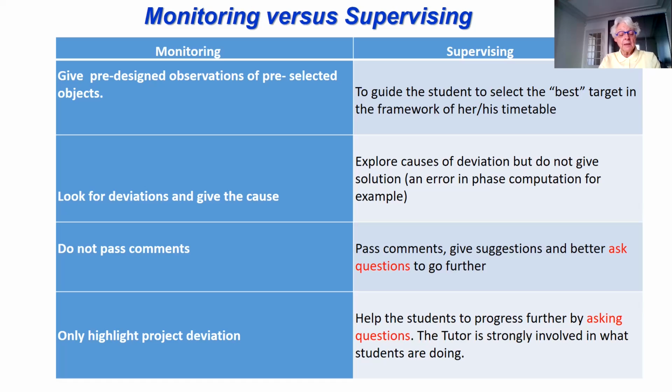In supervising, explore causes of deviation, but do not give a solution, such as for an error in the phase computation. In monitoring, do not pass comments, for example, on the exposure time. In supervising, pass comments, give suggestions, and even better, ask questions to go further. This creates a bridge between the new knowledge in astrophysics and its concrete application.